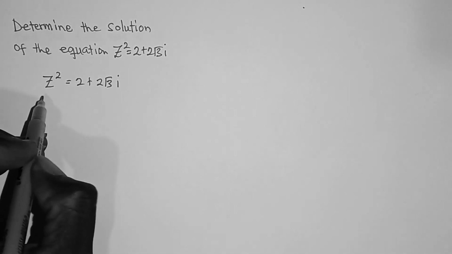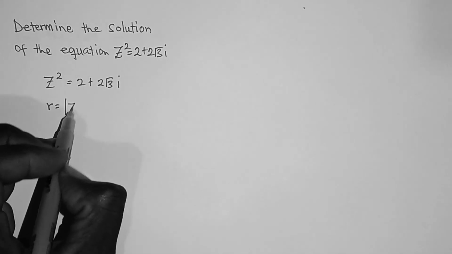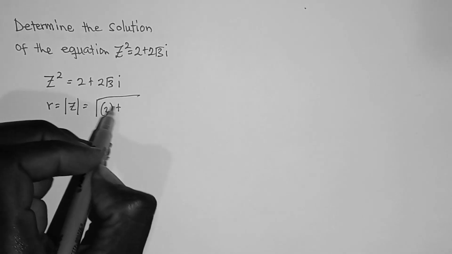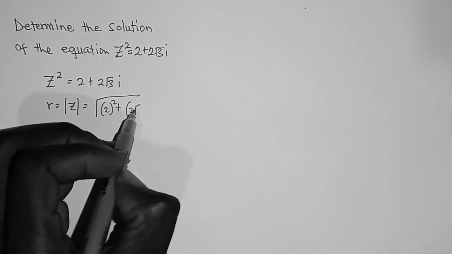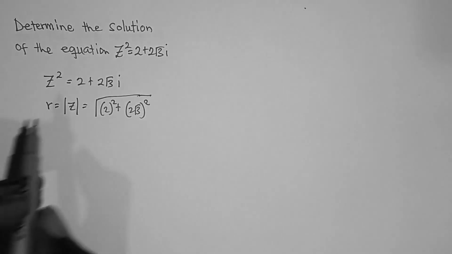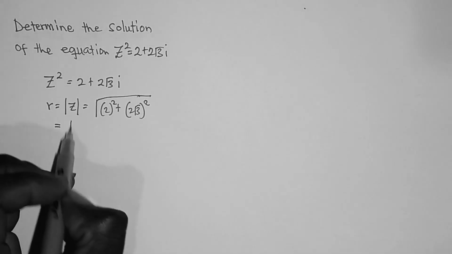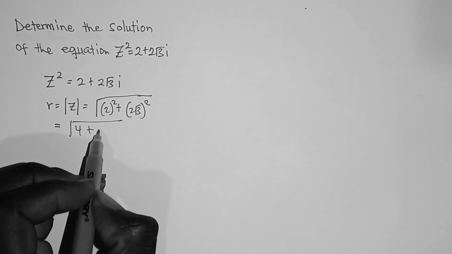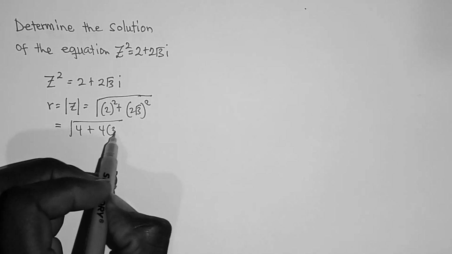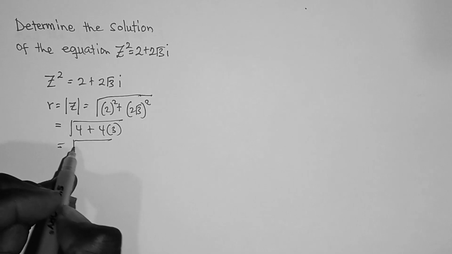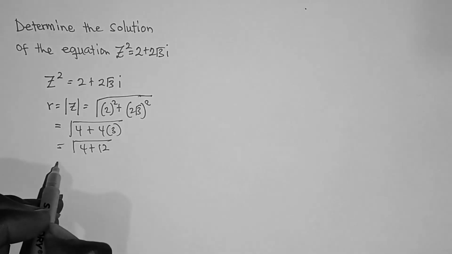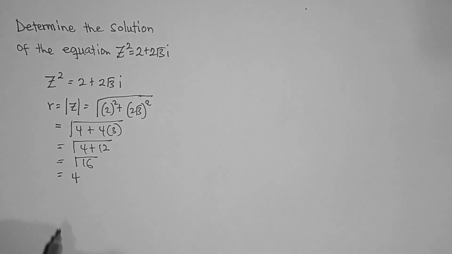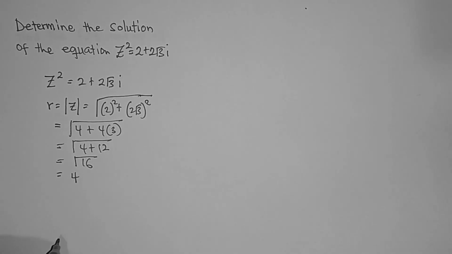And we do that by first finding r. r is equal to the magnitude of z, and that is equal to the square root of 2 squared plus 2 root 3 squared. This is equal to the square root of 2 squared is 4 plus 2 root 3 squared is 4 times 3. And this is equal to the square root of 4 plus 12, which is the square root of 16, which is equal to 4. So therefore r is equal to 4.